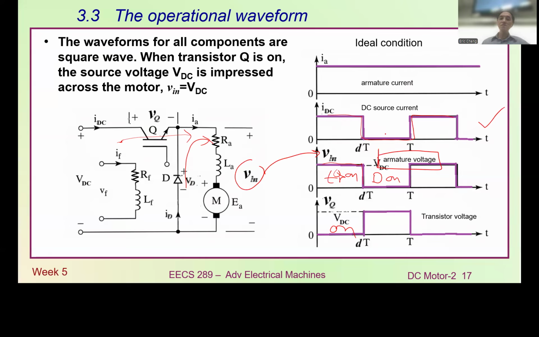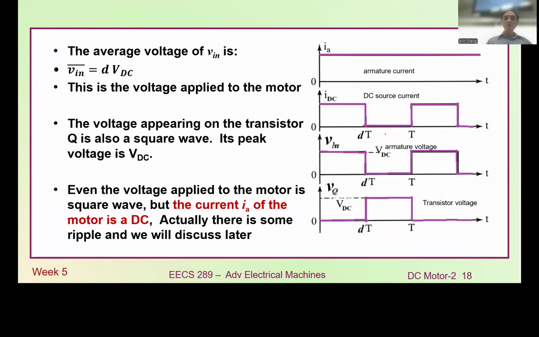And now we can see that voltage across the motor becomes a square wave. How will that affect the motor equation? Before we just assumed a pure DC, but now it becomes a square wave, we need to double check how the motor equation will look like. So the average voltage in the motor is equal to this one.